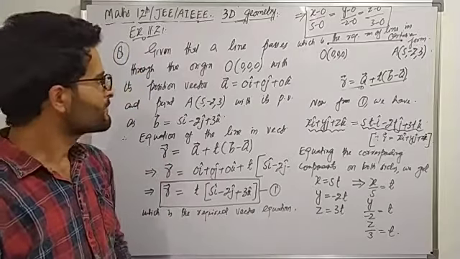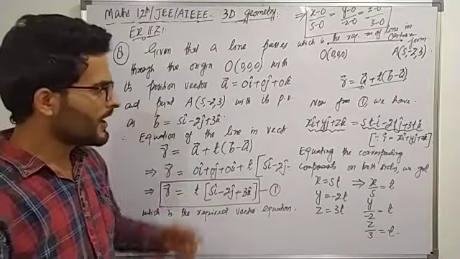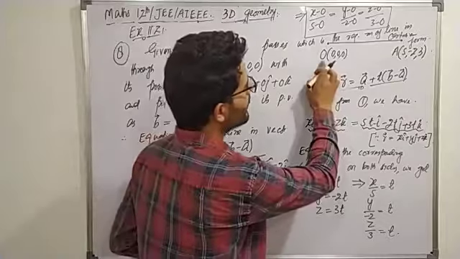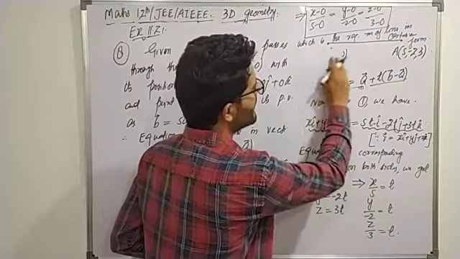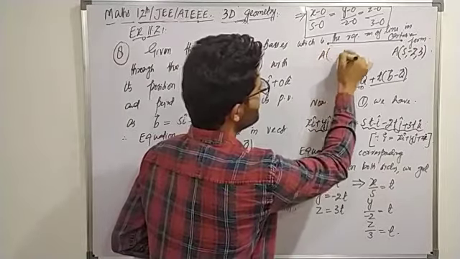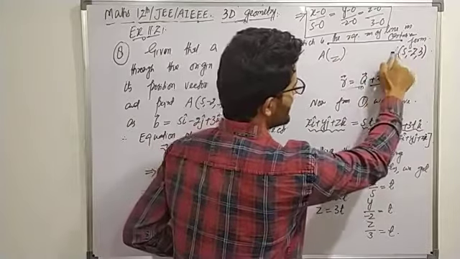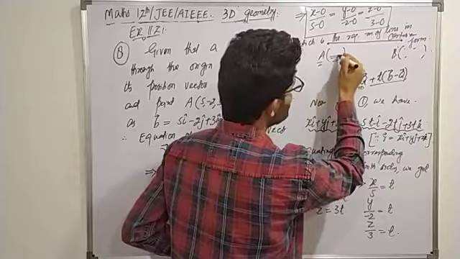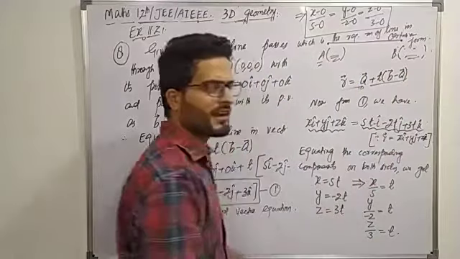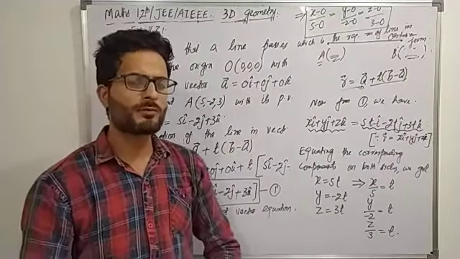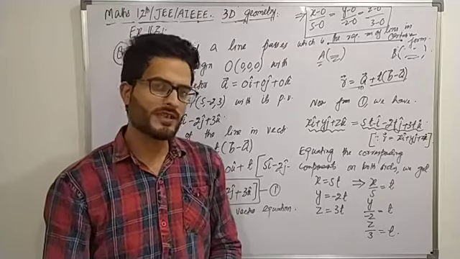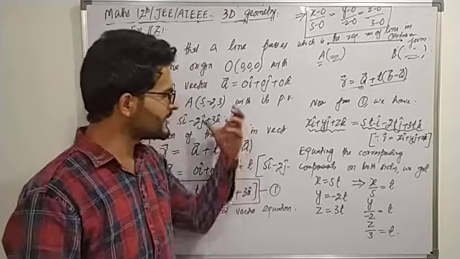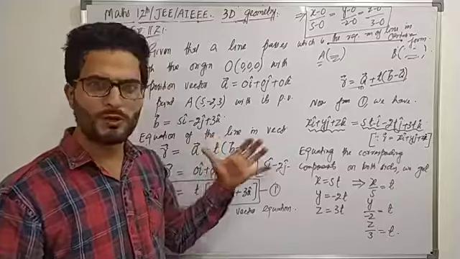Now again, this was question number 8, and in question number 9 we have instead of origin a different point. Suppose this is A, it has the given coordinates, and here it is B, it has some other coordinates. तो A की coordinates अलग से दे रखे हैं, B की coordinates अलग से दे रखे हैं, and you need to find the equation of that line both in vector form as well as in Cartesian form. तो obviously you have to follow question number 8. बिल्कुल इसी तरह.